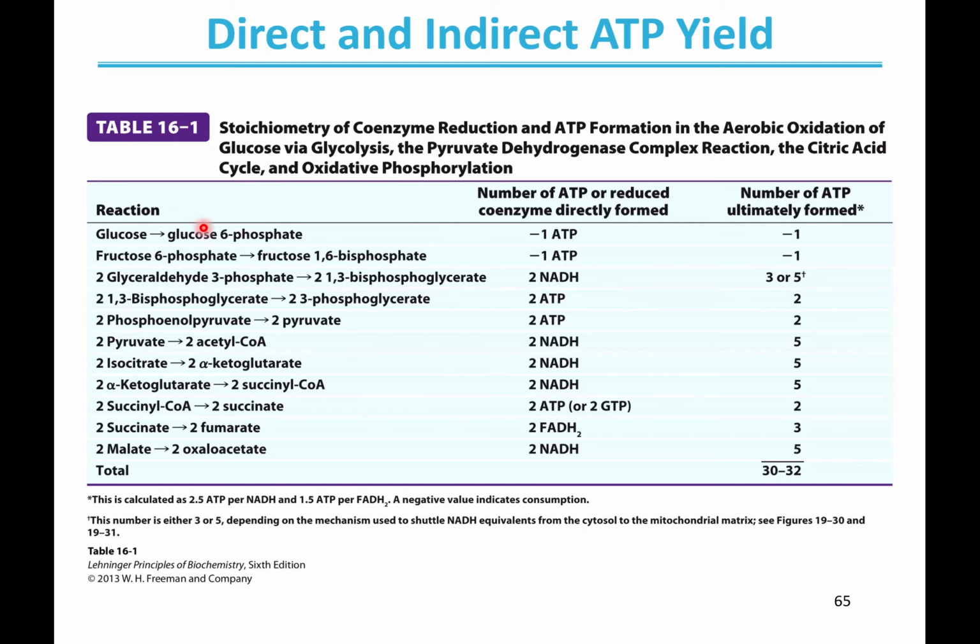So we have the 2 steps in glycolysis that were priming steps where we're actually using ATP, right? So the number of ATP formed from those are -1, right? And then we have the other steps in glycolysis where we make NADH, and then when we make ATP directly, right?